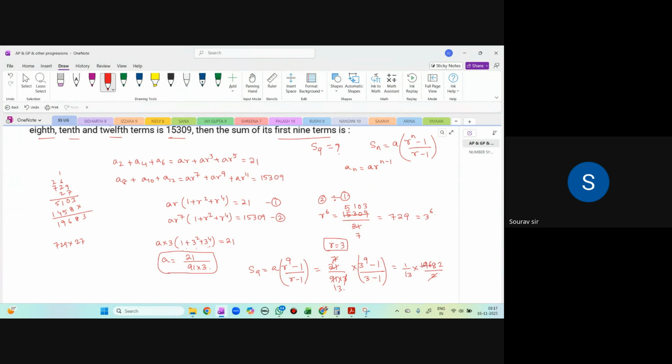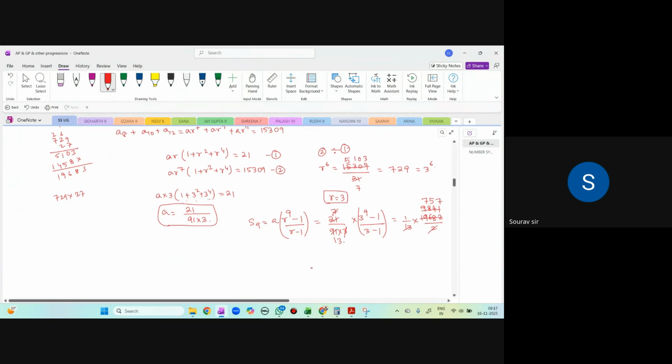So cancel this with 2, 9, 16, 8, 4, 1. And this goes with 13. 13, 7 is 91, 74, 13, 5 is 65, 91, 7. So S9 is 757. Straightforward GP question. Clear?